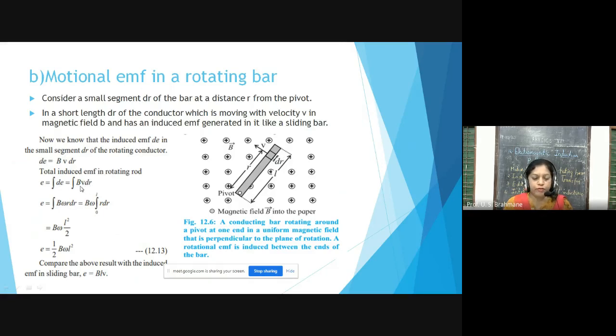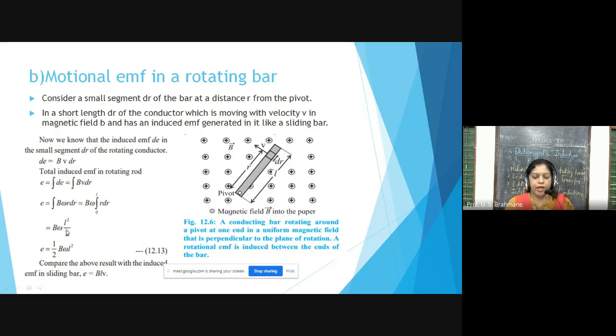Now what is V? We know it is equal to omega r. So we substitute that value: integral of B omega r dr. Whatever is the constant term will come outside. So B omega is taken outside, and r is changing from 0 to L, since the length is L. So the limits are from 0 to L, and the integral of r dr is like x dx, so it is x square upon 2.